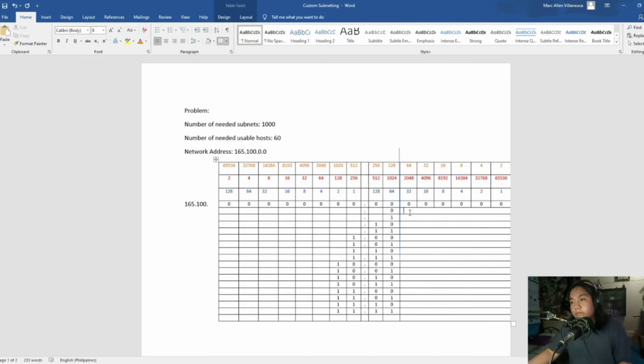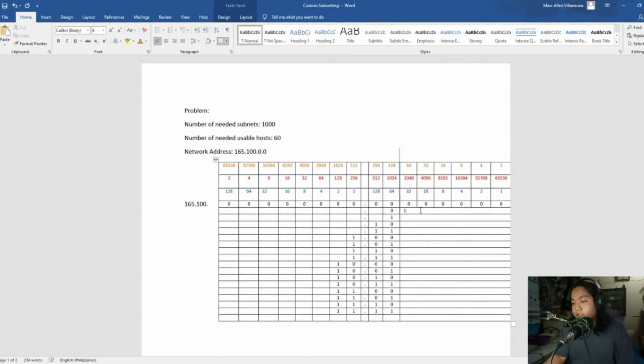So the next step, if you're wondering what we're going to put in this side, simply we just need to put the IP address. We need to convert what we've done here.